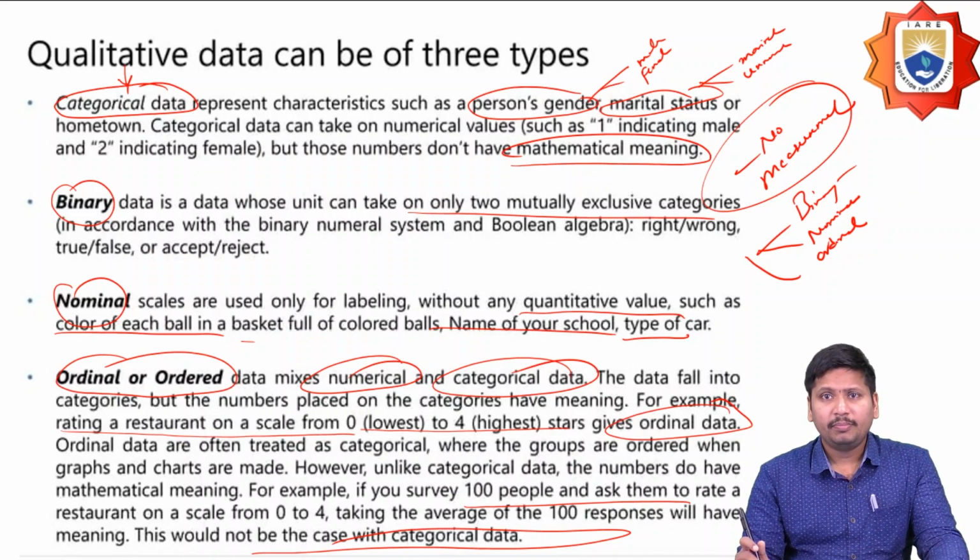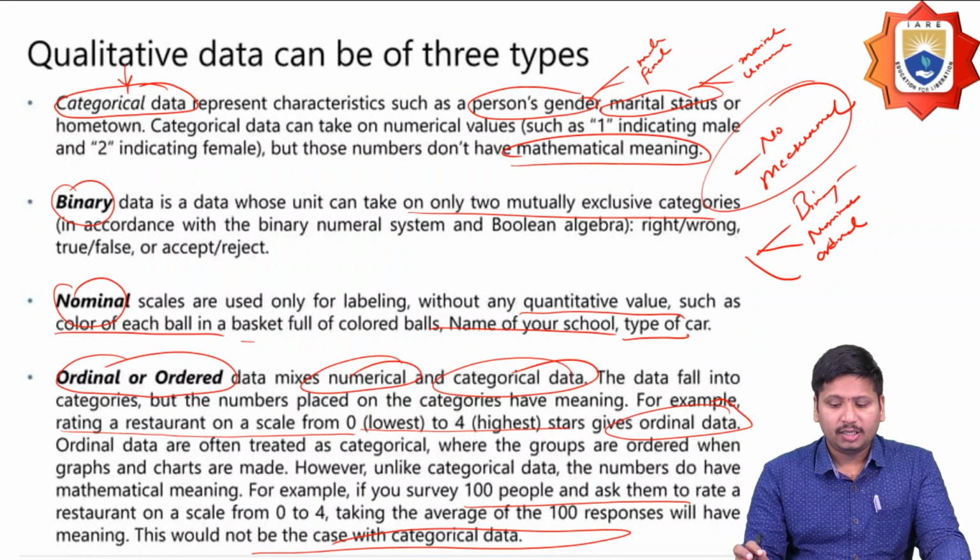Nominal is the other kind of qualitative data. Here we consider the color of each ball in a basket full of colored balls, the name of the school, and the type of car. Ordinal, or ordered, means we give a rating to the restaurant on a scale of 0 to 4.